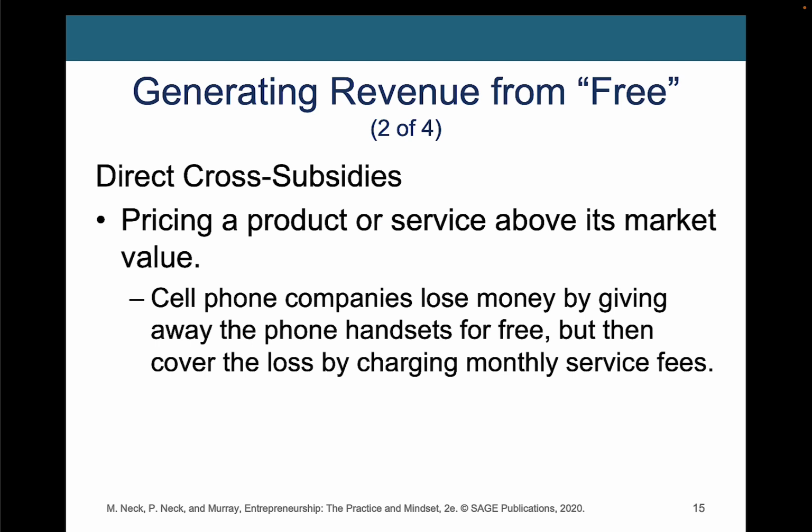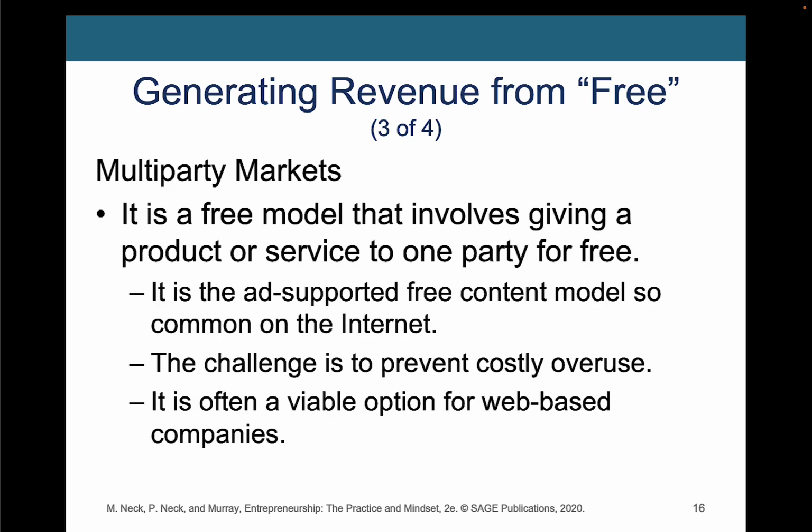But most of the time, it's, hey, we'll give you this phone. We'll lose money on the phone, but we're gonna recuperate that money because we've locked you into a contract for, let's say, 2 years, and you have to pay this money because of the contract. So they recuperate their losses from giving away the phone by keeping you in this contract and you paying a monthly service for it.